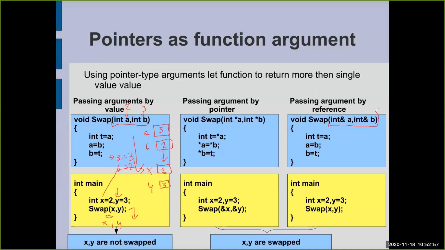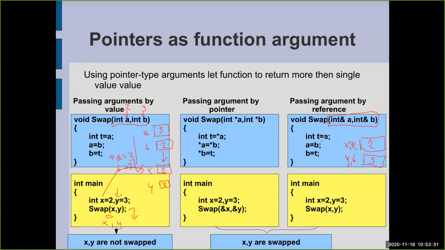The opposite situation, we have x and y and a and b, but a and b are not standard integers, but references to integers. So in this case, x and a and y and b share the same memory. Initially, x is equal to 2 and y is equal to 3.